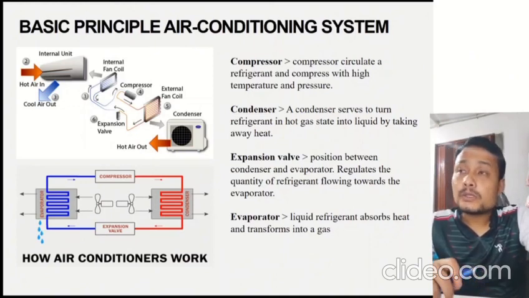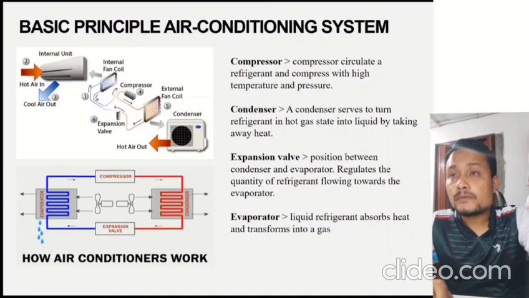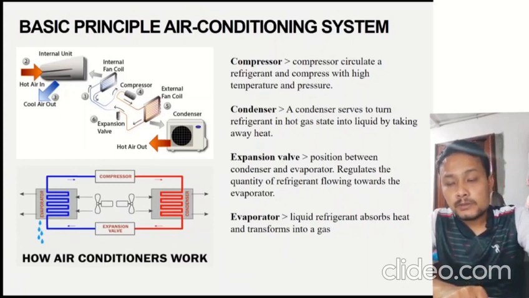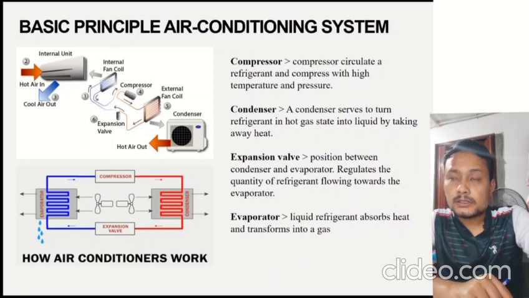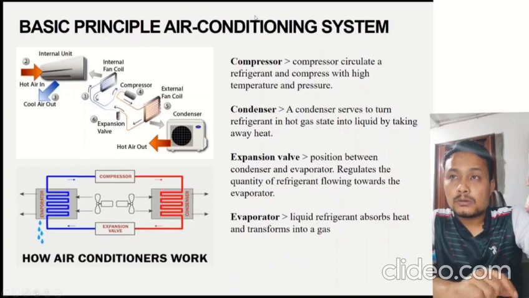Hot air will come into the internal unit and go to the compressor, external fan coil, and expansion valve. These three components are inside the condenser. Hot air will come out from the condenser. After the condenser, the refrigerant comes to the internal unit and is applied inside the building or room area.